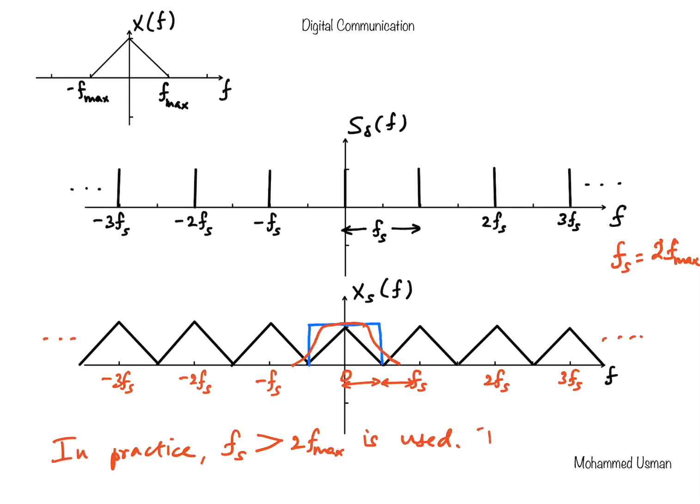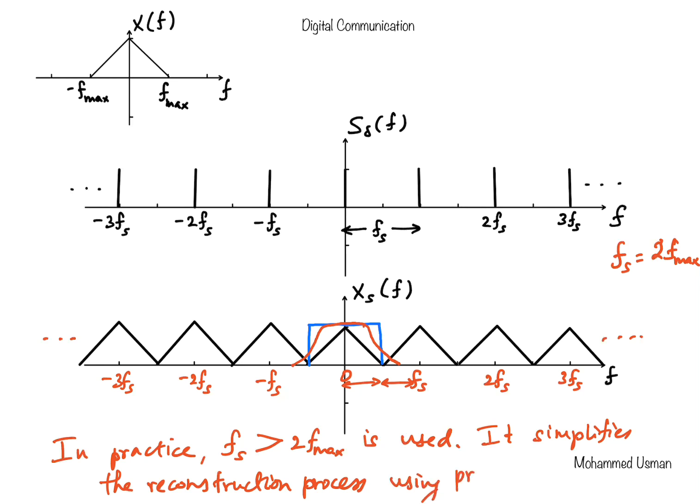Because it simplifies the reconstruction process using a practical low-pass filter. LPF stands for low-pass filter. So by having some spacing between the spectral replicas, which can be achieved by choosing the sampling rate to be greater than the Nyquist rate, the reconstruction process can be implemented using practical low-pass filters.